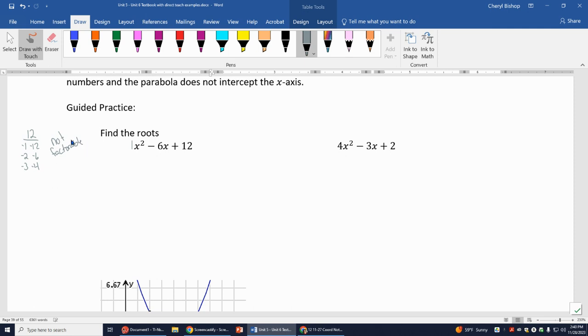If it's not factorable, then I have to go to my quadratic formula. So for my quadratic formula, I'm going to say x equals negative b. B is negative 6. Notice I had the negative and I still wrote negative 6, plus or minus the square root of b squared. I'm going to put my negative 6 in parentheses so I remember to also square that negative.